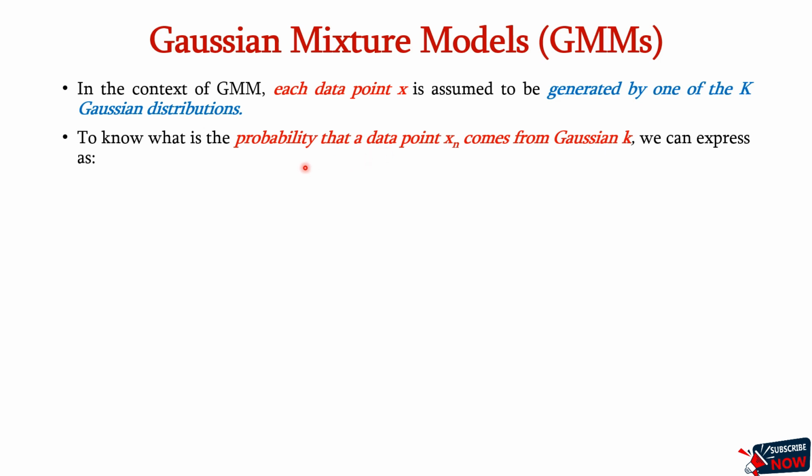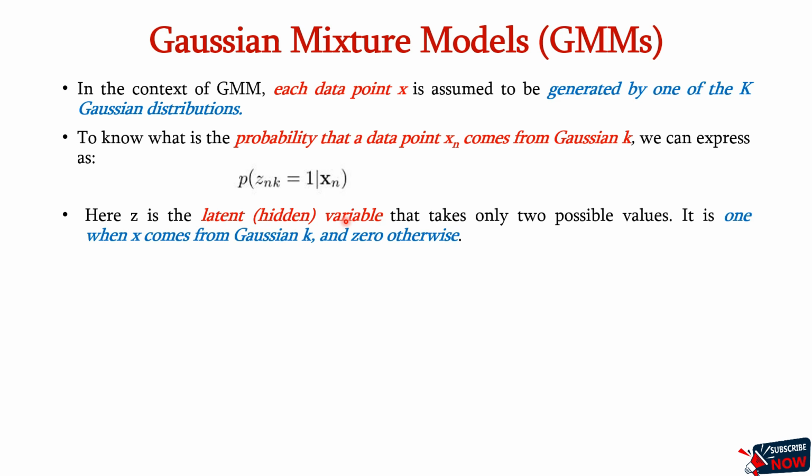So, to know the probability that a data point xn comes from the Gaussian component k, we can express it as P of znk equals 1 given xn. That means, given the data point xn, what is the probability that it belongs to the kth Gaussian component, which is expressed as znk equals 1.